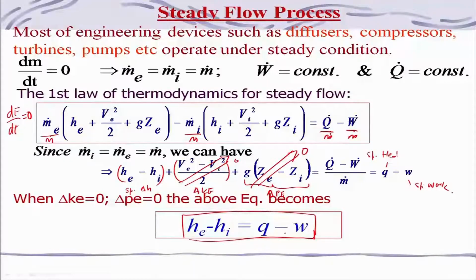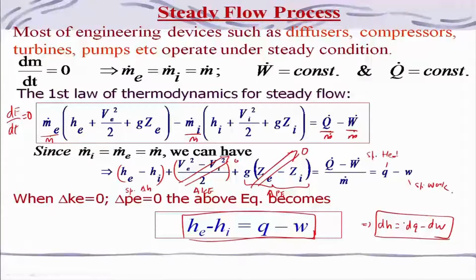Is it similar to the first law of thermodynamics for a control mass system? Yes or no? I can write this as dh is equal to dq minus dw.